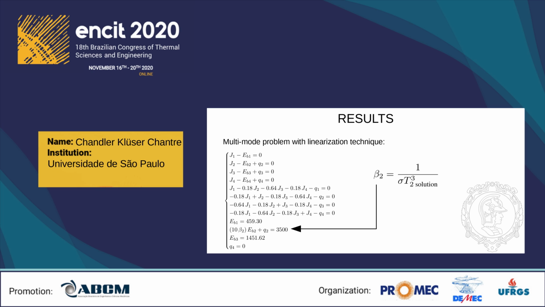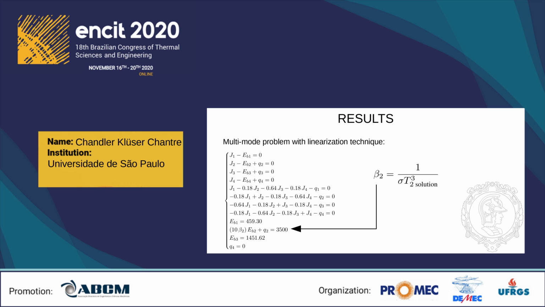They are the radiant surfaces' radiosities; the radiant surfaces' black body emissive powers; and the radiant surfaces' radiative heat fluxes. Note that the second equation of the third set refers to the convection load.